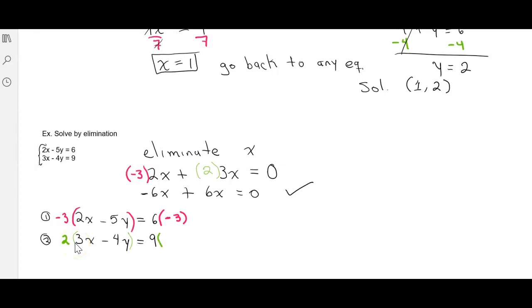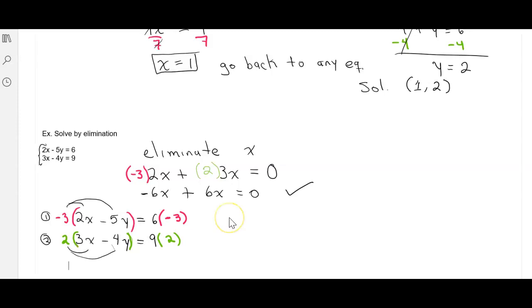And whatever we do on one side, we have to do on the other side. Now, it's very important that we do not forget our distributive property. So we have to carefully do the distribution everywhere.